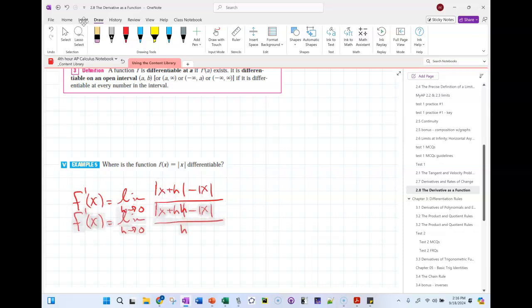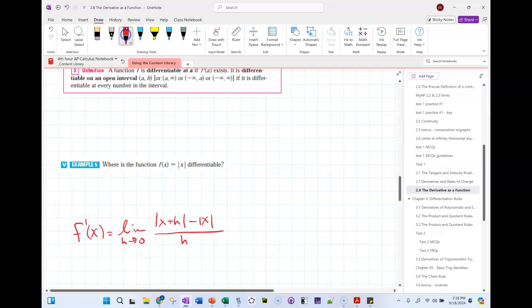Mr. Kulik, how do I simplify this? Right, very good. So you remember that the absolute value of x is equal to negative x when x is less than 0, and it's just equal to x if x is greater than or equal to 0. So let's do that.